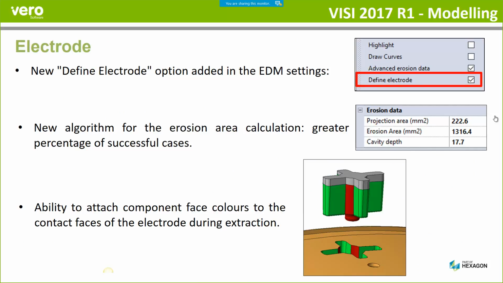Just a few things on the electrode, just to highlight those. There's a new option called Define Electrode. It's a new tick box within the settings and within the electrode creation. It allows us to import geometry from other systems. So if you've already modeled something, or somebody else has already created an electrode, you can select that geometry, tick this tick box, and let the system know that that geometry is an electrode.